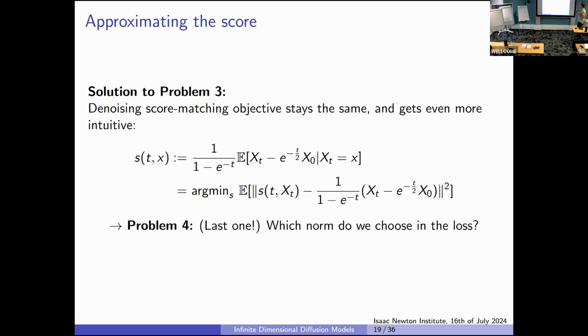And the next thing is now, how do we approximate this? And we can still use the denoising score matching objective. And here, in this formulation with the conditional expectation, the denoising score matching objective, I would say, becomes even more intuitive. Because you start with this conditional expectation, and we know that conditional expectations, or expectations in general, are minimizers of the L2 distance.